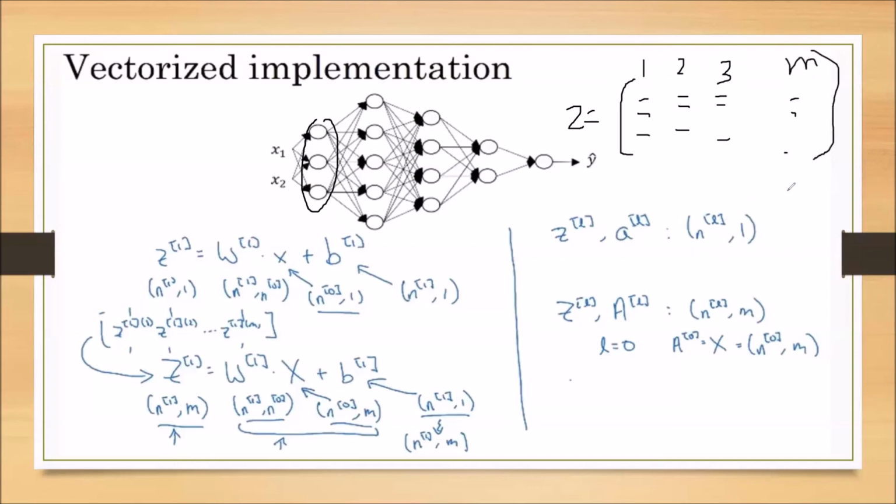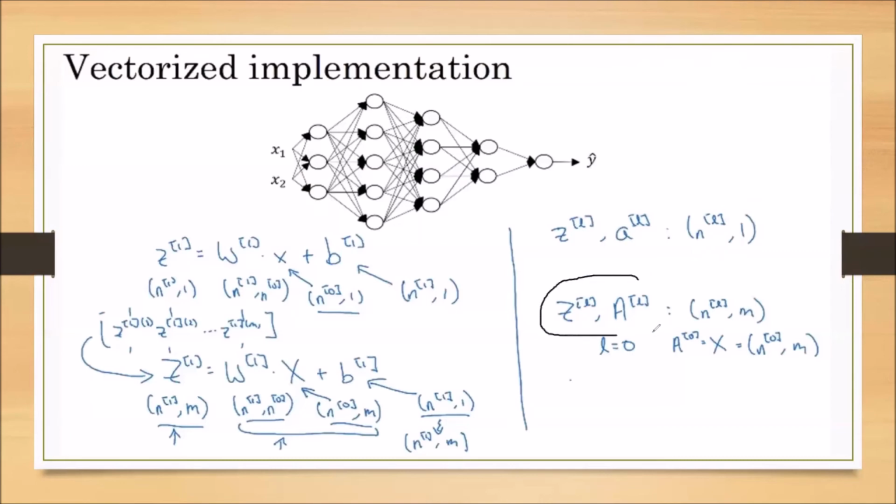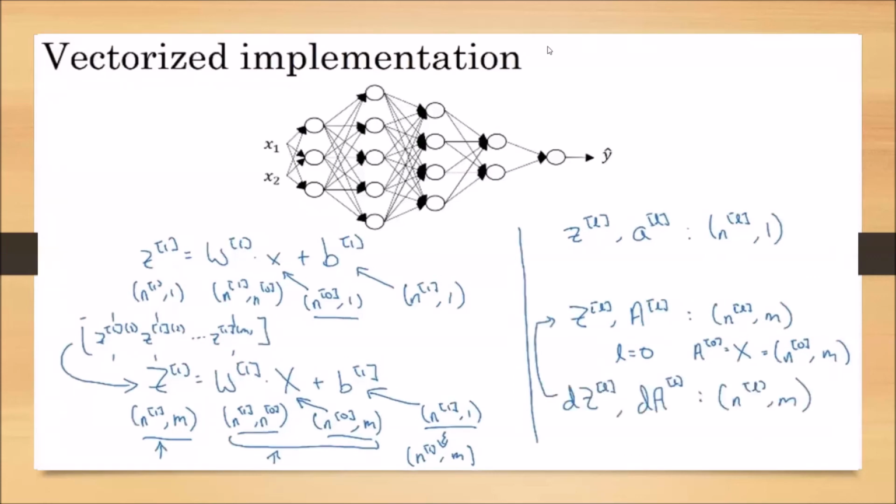Now the Z matrix size will be 3 by M, meaning the number of activation units in the Lth layer by M. So the ZL and AL are the number of activation units in the Lth layer by M matrices. If L is 0, it indicates the input layer, and the activation units are our input features. So the ZL and AL are NL by M matrices.